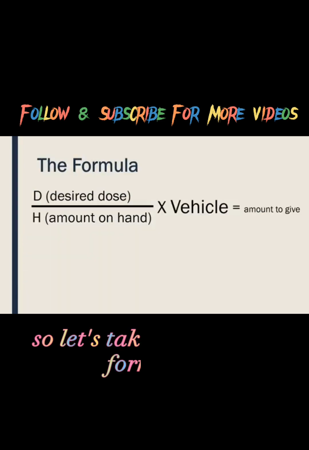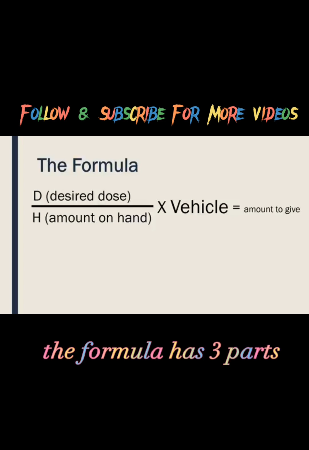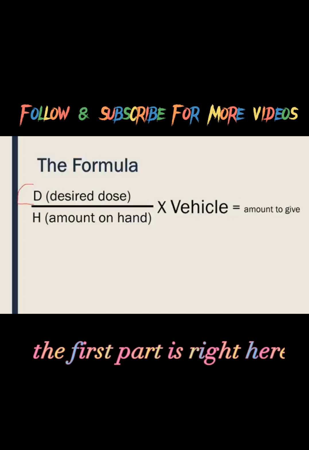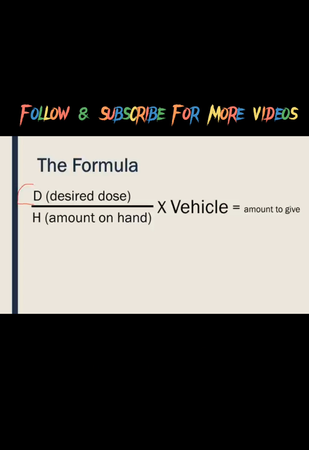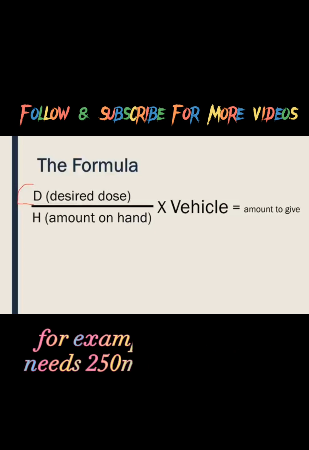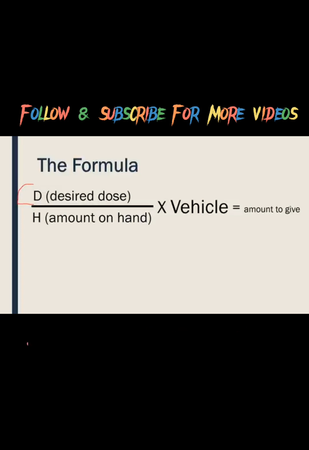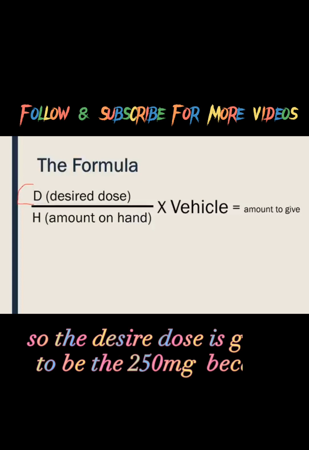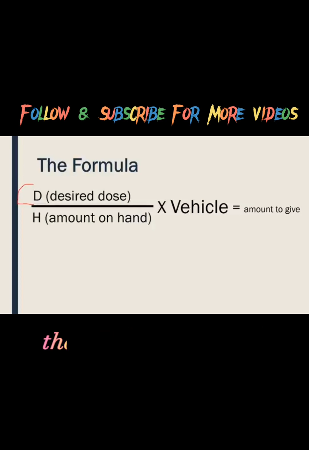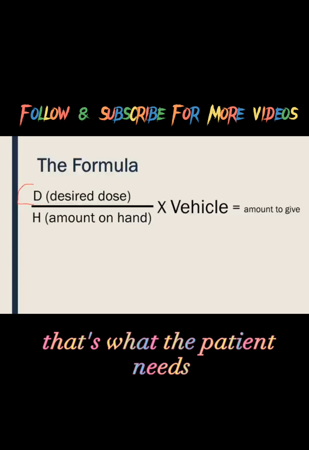So let's take a look at the formula. The formula has three parts. The first part is the desired dose. The desired dose is, for example, if the patient needs 250 milligrams of metformin, the desired dose is going to be the 250 milligrams, because that's what the patient needs.